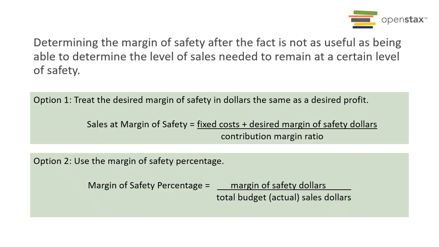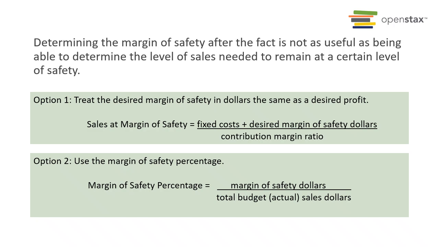We can then take that same information and use it to pre-plan. This is the best, most useful part of margin of safety, using it aligned with your target profit to see how far above break even you can get at different margin of safeties, different contribution margins, playing out all our scenarios.